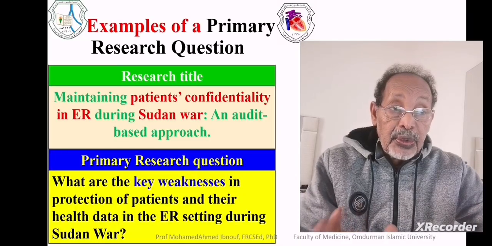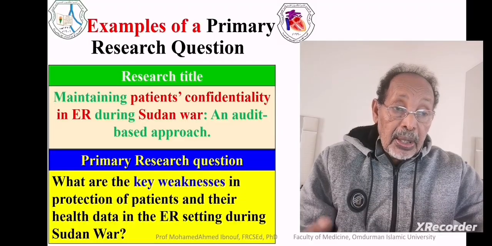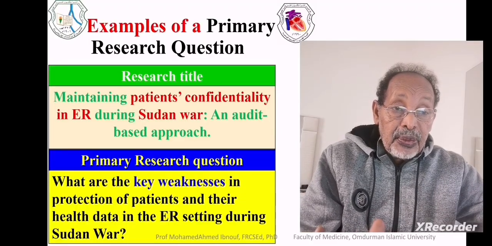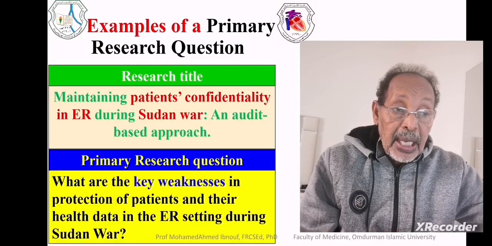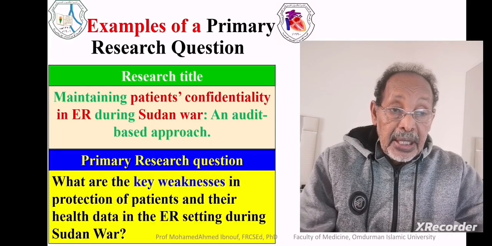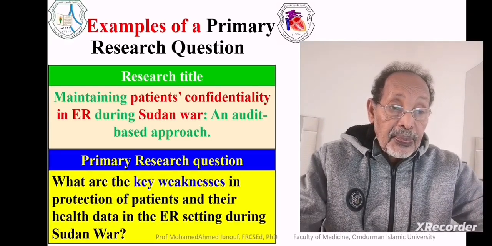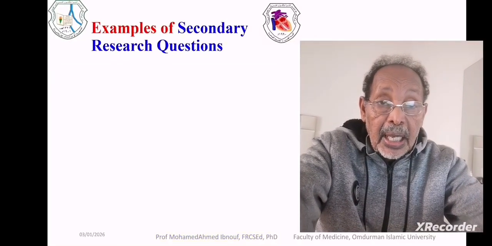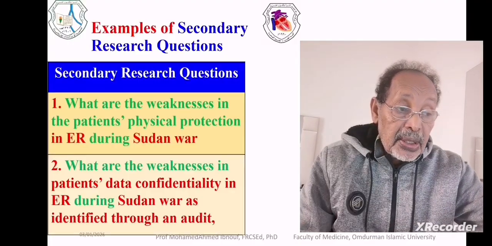So the word confidentiality has been broken here into protection of patients, that is the physical appearance of the patients and their speech and their health data, that is the details of investigations also. So this is the primary question, and we can derive furthermore secondary questions.